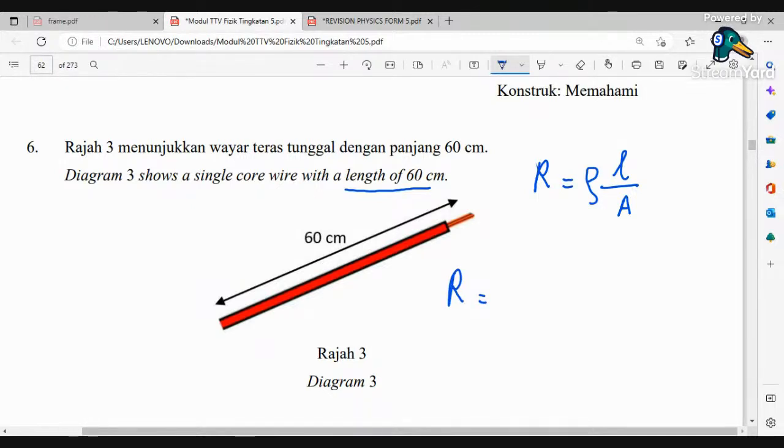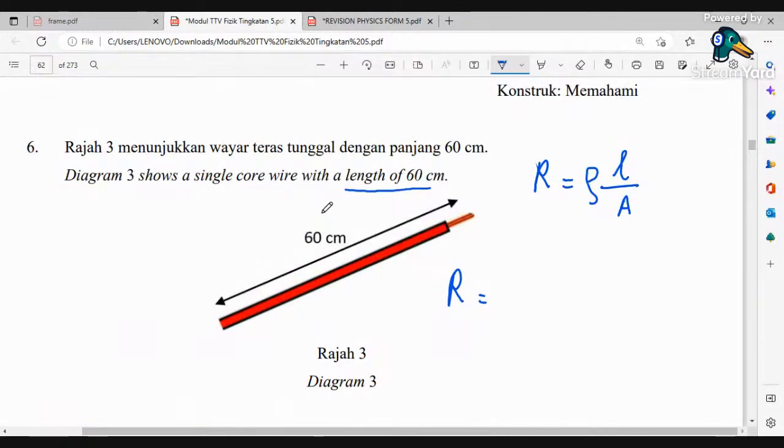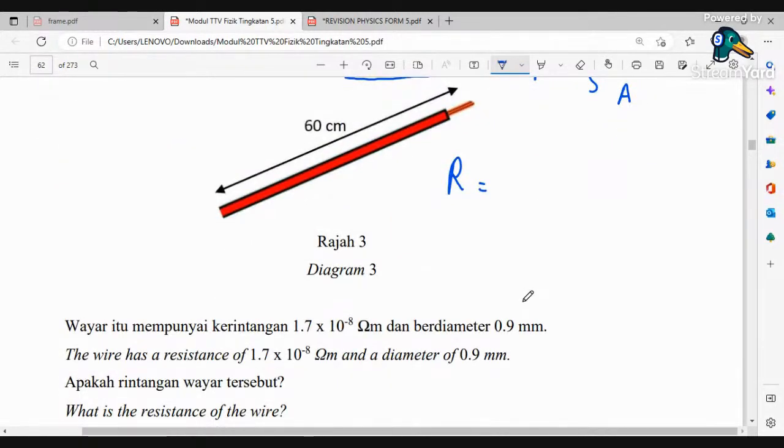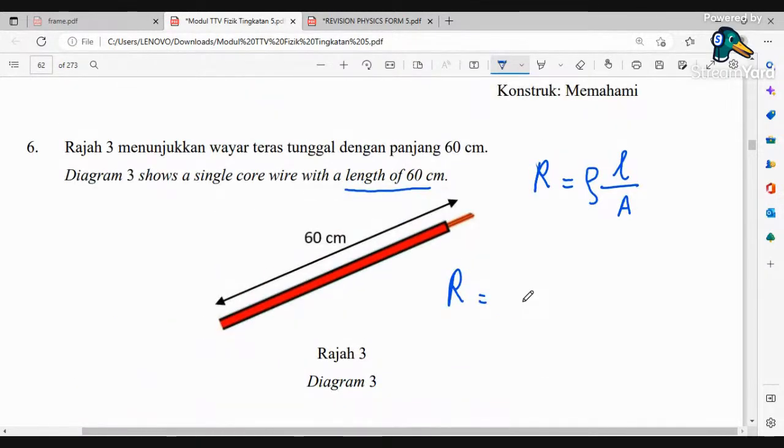Resistivity is given in ohm meter, which means the unit for length and diameter must change to meter. So how to find A? The cross section is pi r squared, or pi times diameter divided by 2, squared.